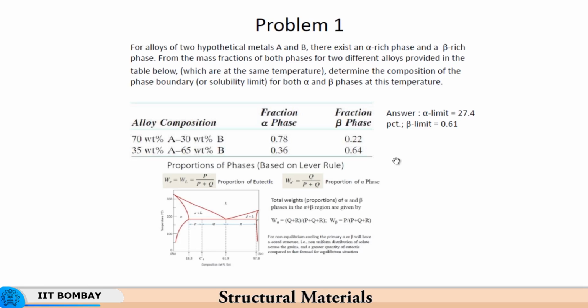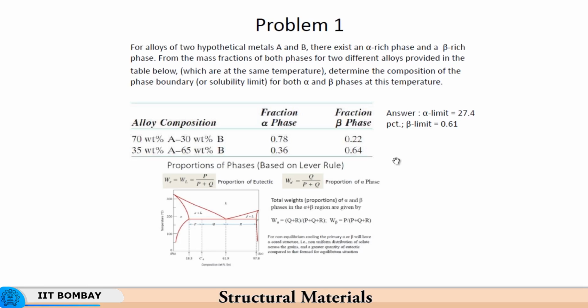So, the second point is somewhere here, and what you have been given is the percentage of alpha and percentage of beta. So, this left hand side is given. The value of P and Q has to be determined. So, P is determined based on the alpha limit. So, this is the alpha limit and this is the beta limit.